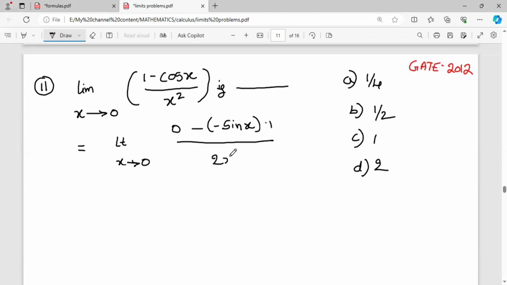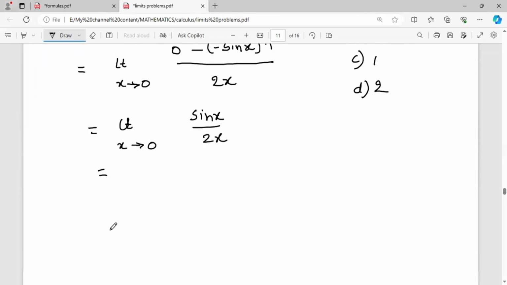X square differentiation is 2x. So now limit x tends to 0: minus of minus is plus, sin x by 2x. Then you substitute 0: sin 0 by 2 into 0, that is 0 by 0 again.